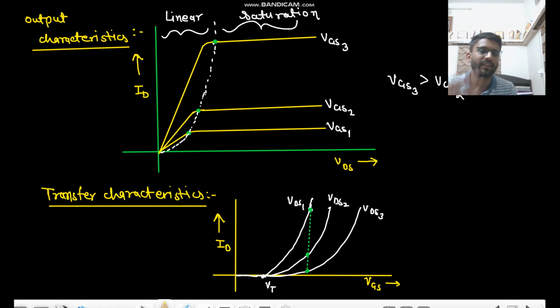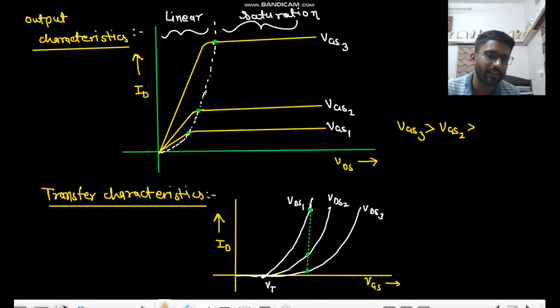So if we draw the characteristics, first it is linear, then it saturates. So here for more VGS value, the current is more.